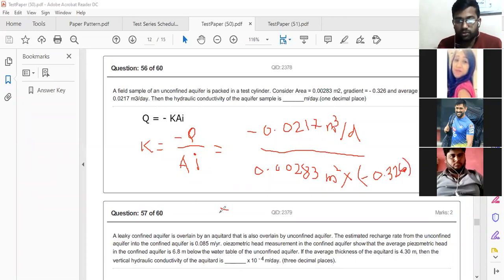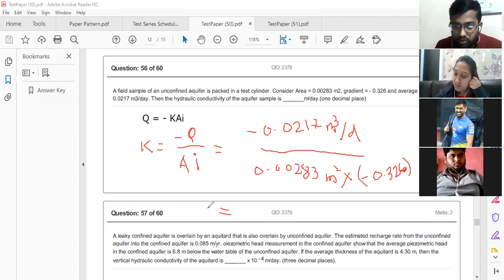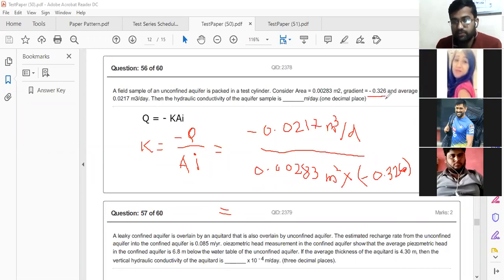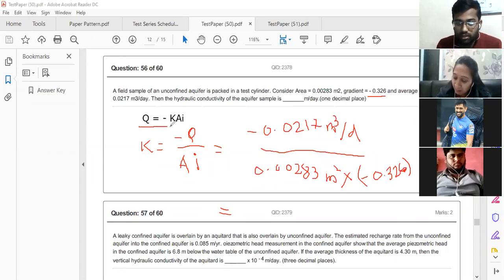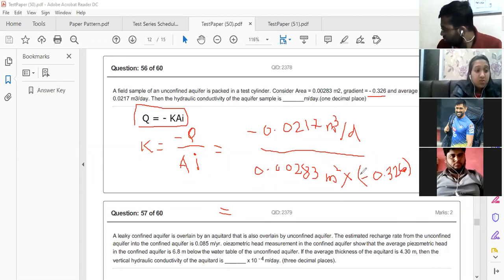Every time we ignore this minus sign. Why are we ignoring this? Because we are not considering gradient in minus. But in this question you already have gradient in minus sign. In that case you need to consider this minus sign of the formula. So automatically this minus minus gets cancelled.